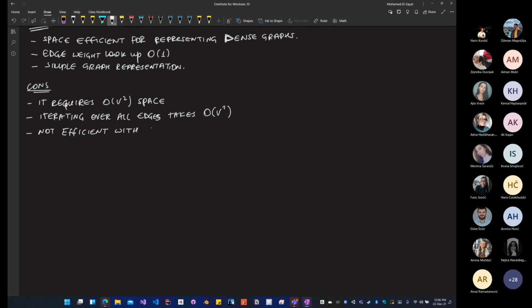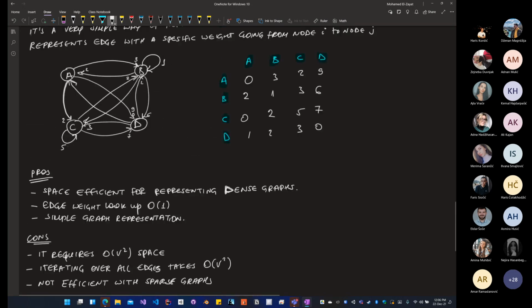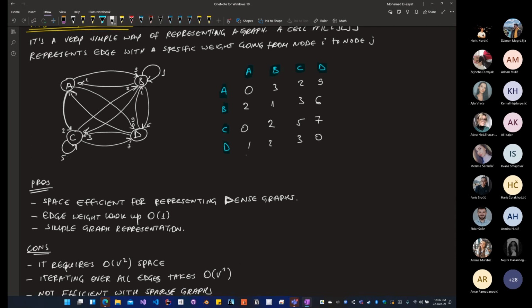With sparse graphs, if you have a graph that has very minimal connections, so it has a bunch of zeros in here, a majority of it is zeros, you are just wasting allocated space.